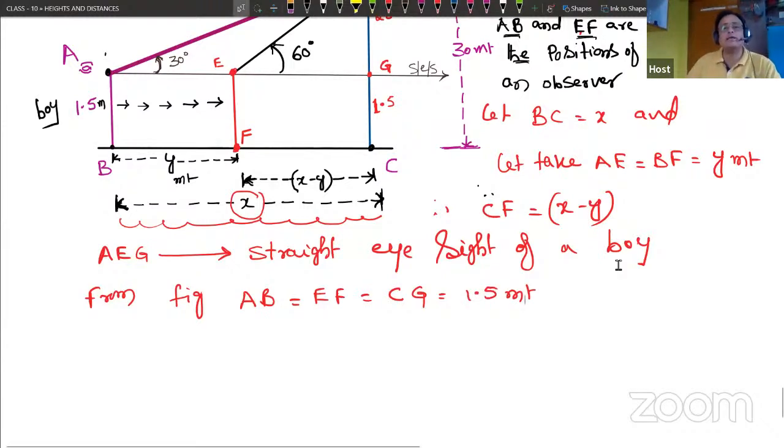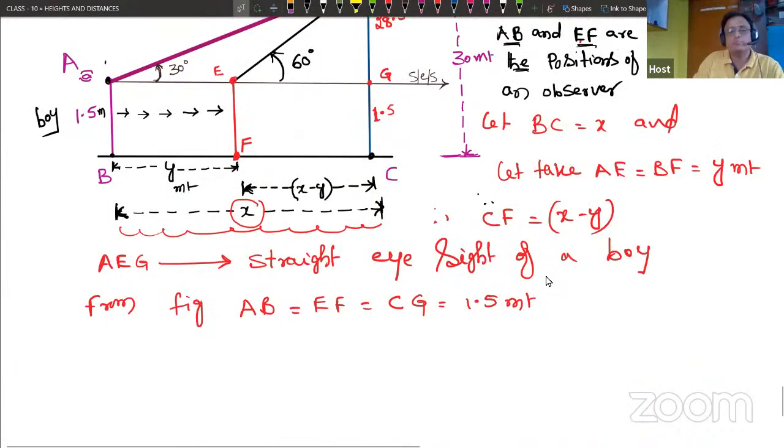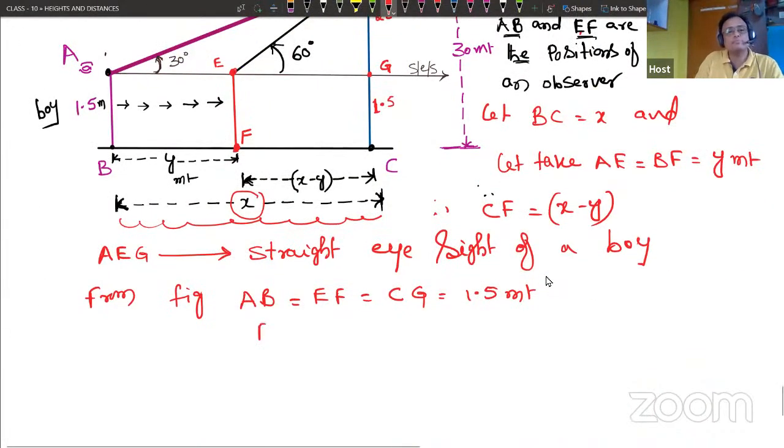Total building height is given as 30, which means 1.5 plus DG. Therefore, from the figure DG is equal to 28.5 meters.